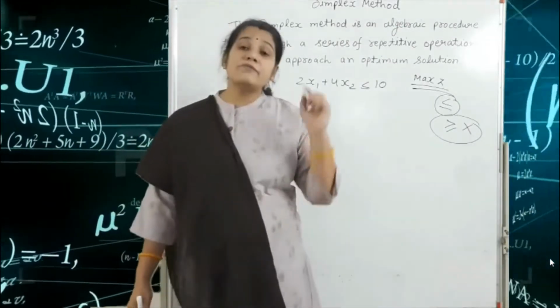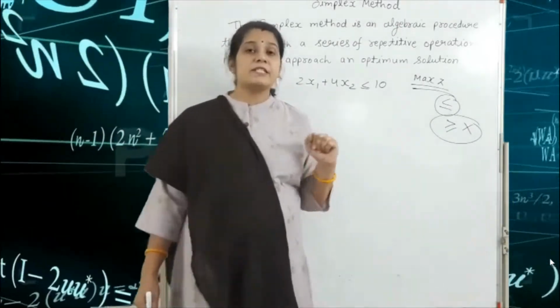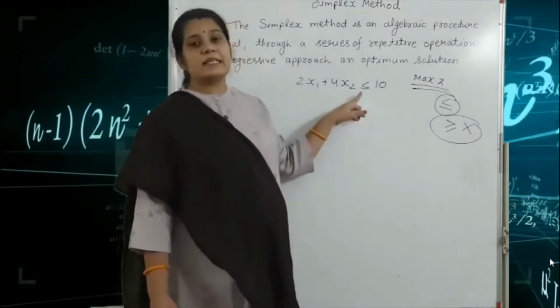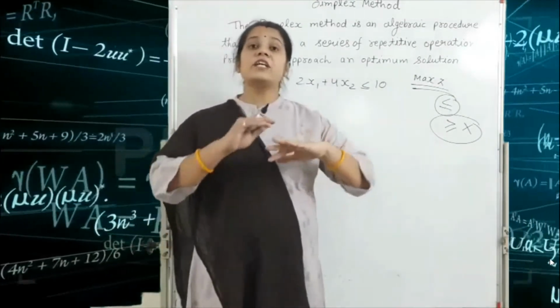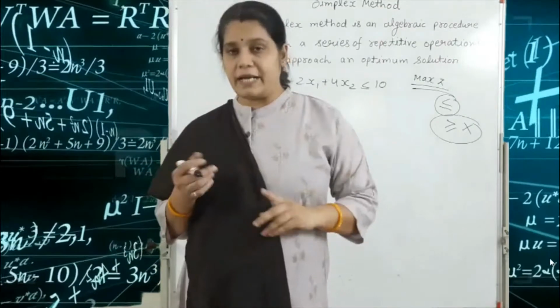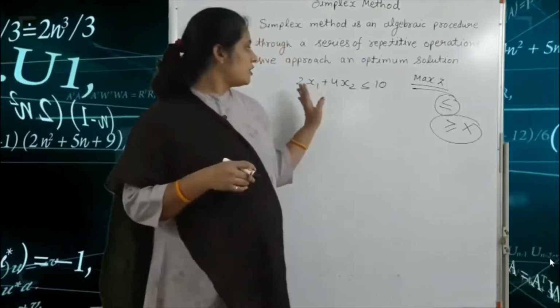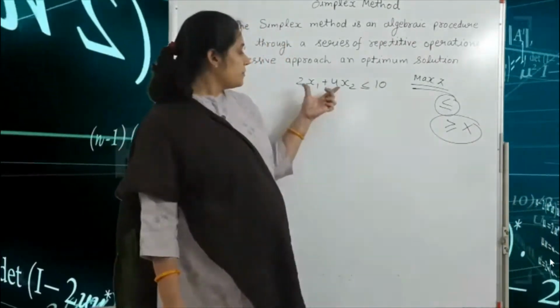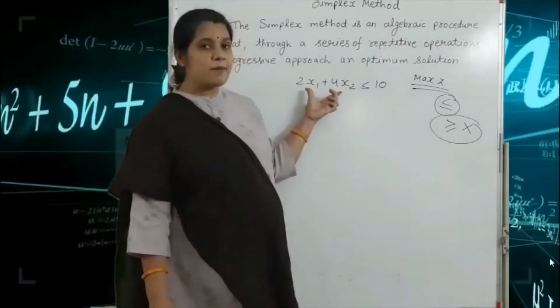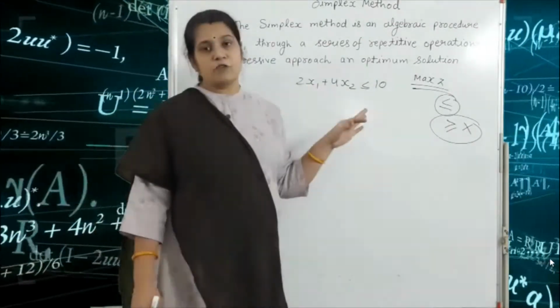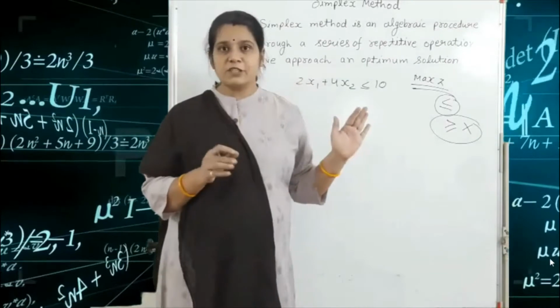Okay. So what is our first step? The first step is to convert the inequality into an equality sign in the simplex method. According to this equation, the sum of 2x1 and 4x2 is less than or equal to 10.